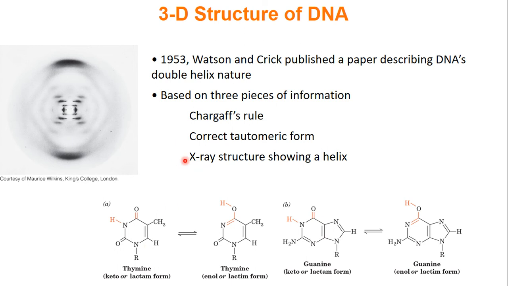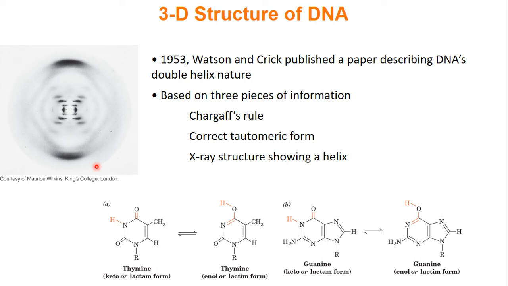So they needed to know what form the bases were in, and they also needed actual structural proof of what DNA looked like. And so here is an X-ray taken by Rosalind Franklin that shows that DNA is a double helix. In X-ray crystallography, basically what you do is you take a crystal of your DNA and shoot it with a laser, and you just see how the laser bounces off your crystal.